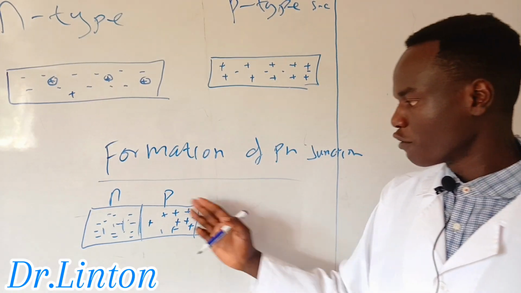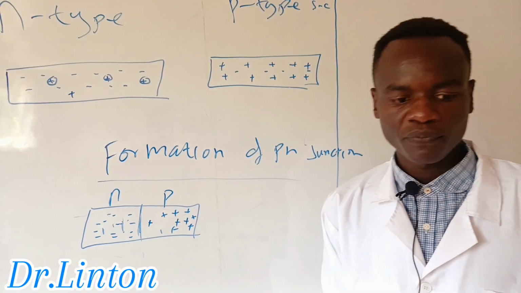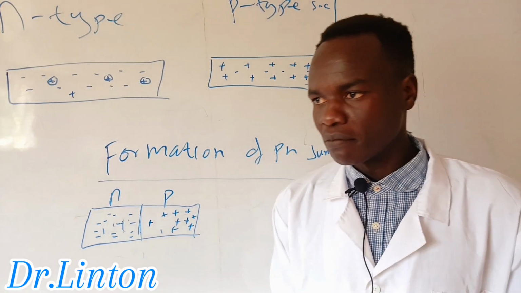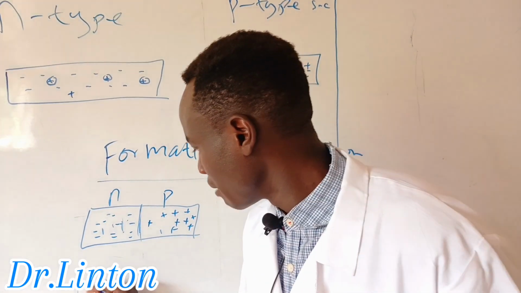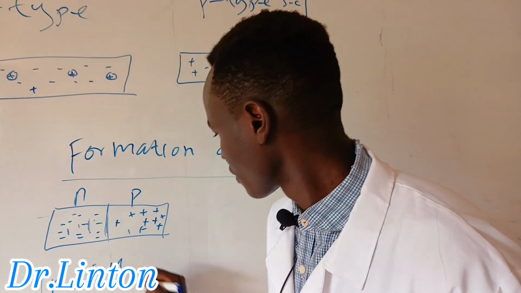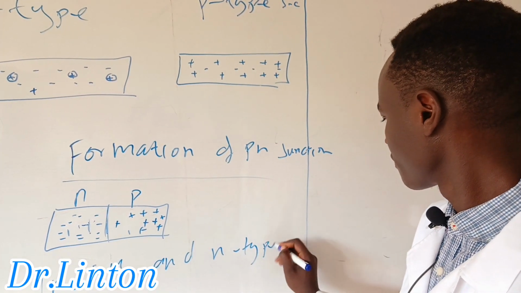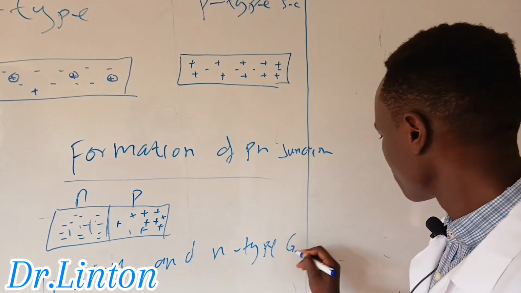In the process of forming this PN junction, we bring together indium and an N-type germanium crystal.